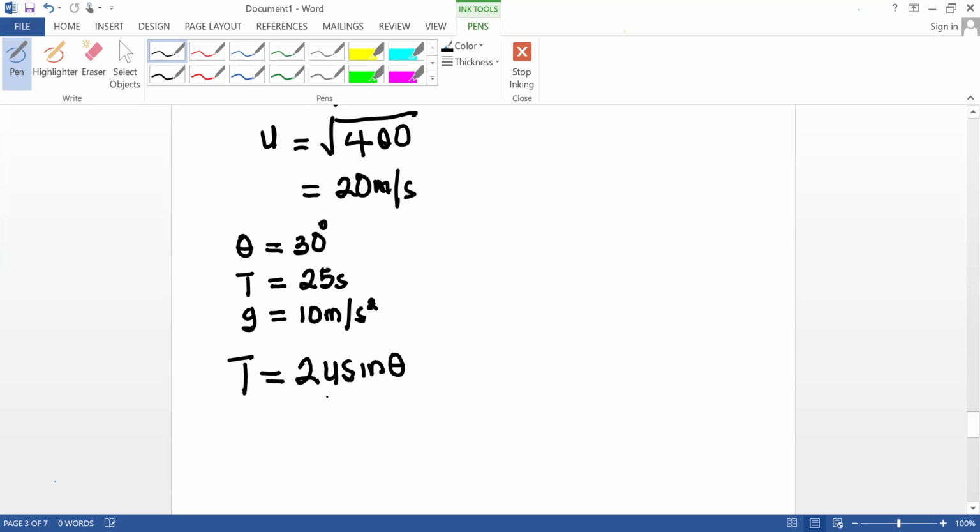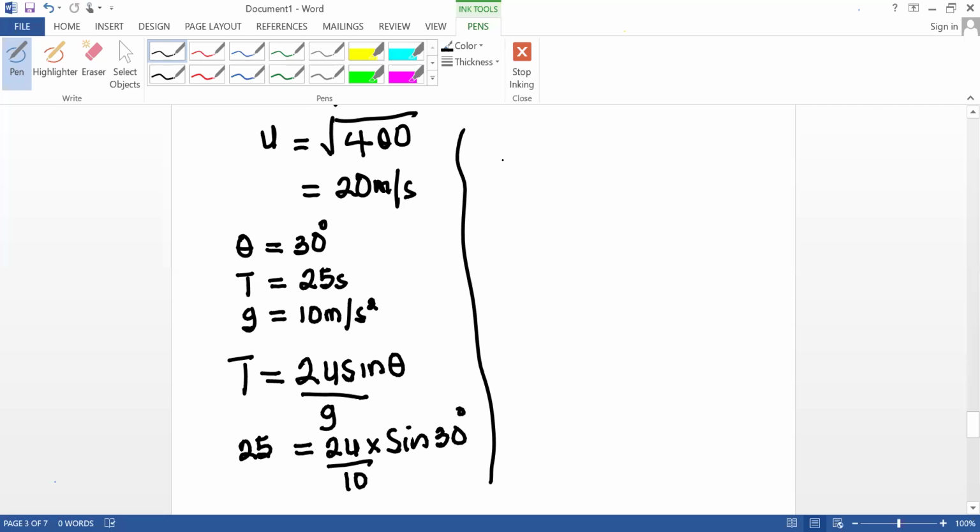So T is equal to 2U sine theta all over G. Cross multiply. Good. Because time of flight is 25, we have 25 is equal to 2U times sine of 30, all over J, which is 10.